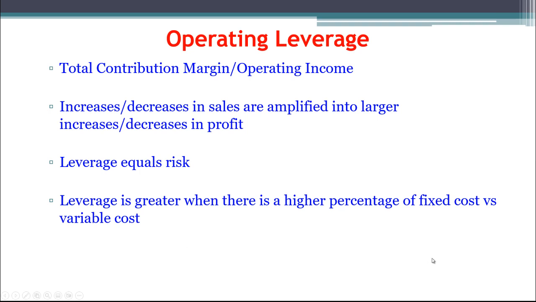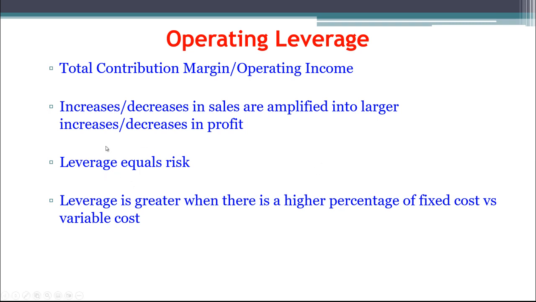Assuming we price our product at somewhere above variable cost, we're guaranteed to make a profit on day one with the first unit sold. So that's the risk that fixed cost gives us. But the benefit is that as soon as we cover that fixed cost, every dollar of contribution margin goes straight to profit.